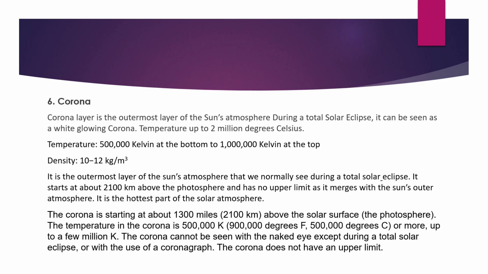The corona starts at about 1300 miles, 2100 km above the solar surface, the photosphere. The temperature in the corona is 5 lakh Kelvin, approximately 9 lakh degrees Fahrenheit and 5 lakh degrees Celsius, or more, up to a few million Kelvin.